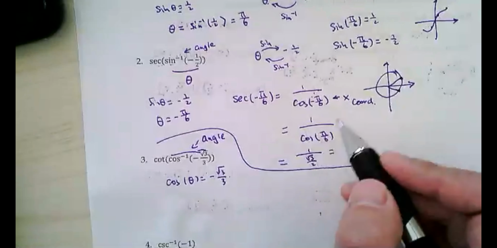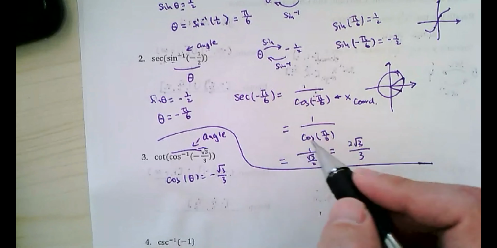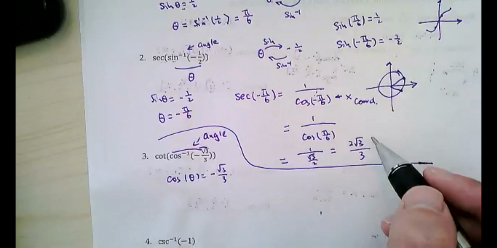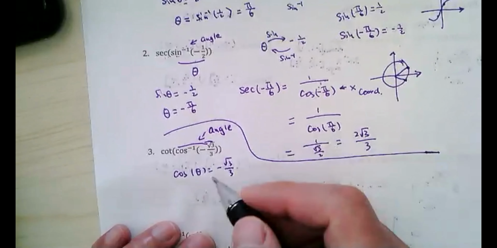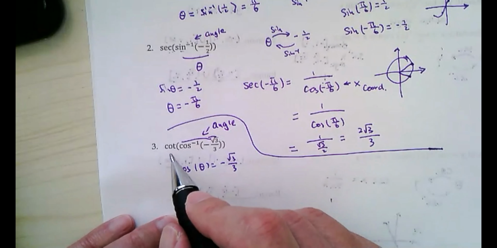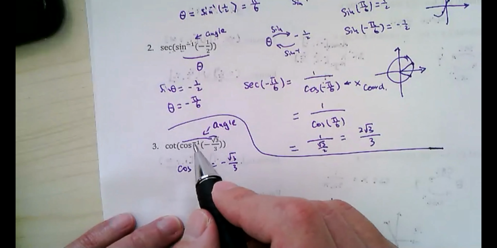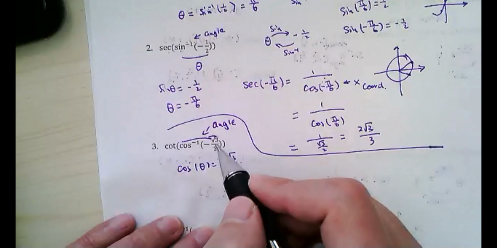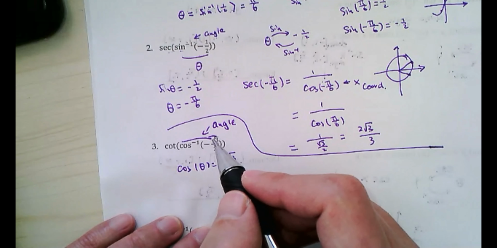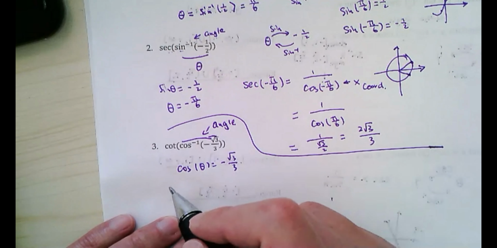Any questions so far? Okay, let's continue. Again, this looks complex. Cotangent, inverse cosine, square root of 3 over 3. But I always remember that inverse cosine gives you the angle.